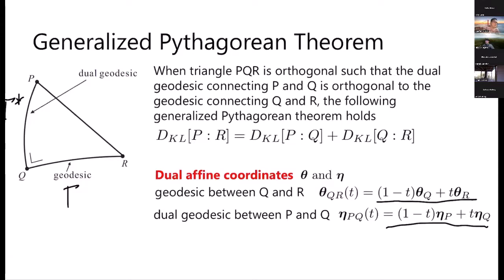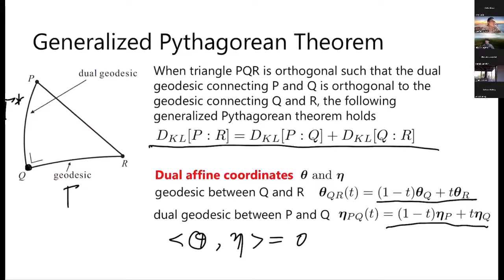Then the orthogonal condition is just that the inner product of the theta and eta directions is 0 at this point. Then we have the Pythagorean theorem with the KL divergence.